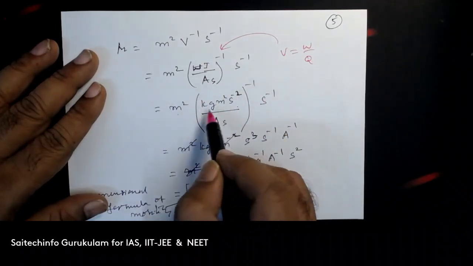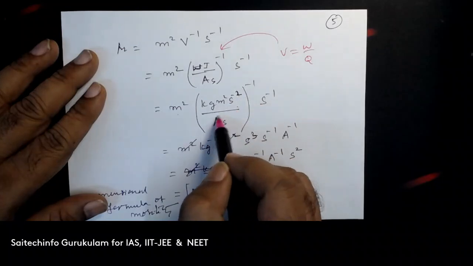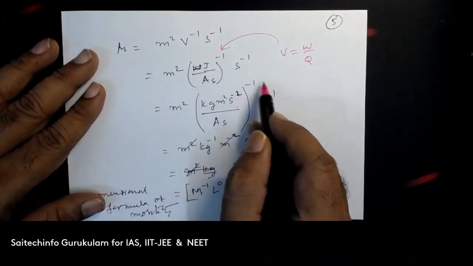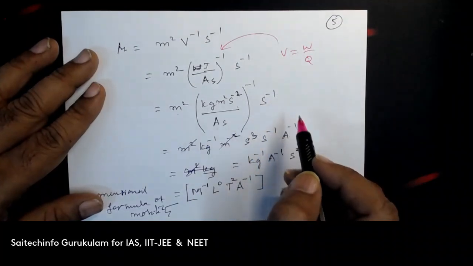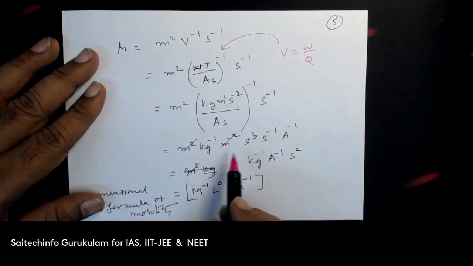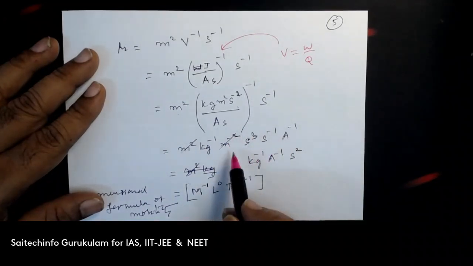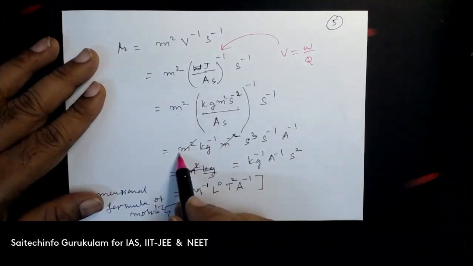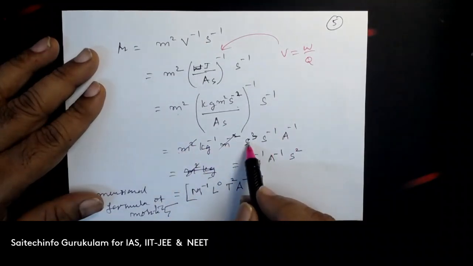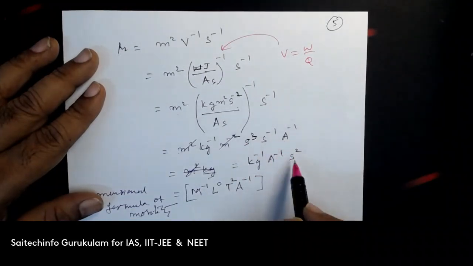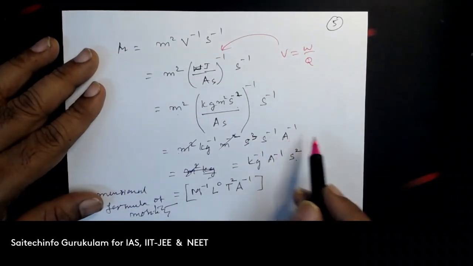So meter squared kg m squared s power minus 2 divided by ampere second, whole power minus 1 into second power minus 1. Therefore meter squared kg inverse, then meter power minus 2. So meter power minus 2 and meter power 2 can be cancelled, and you have got s cube into s power minus 1, so it becomes s squared. So put s squared and per ampere.